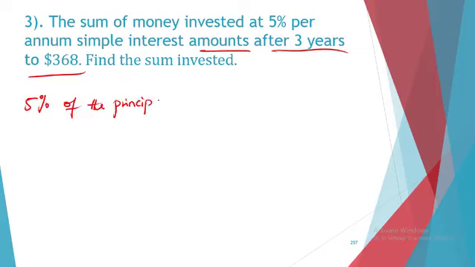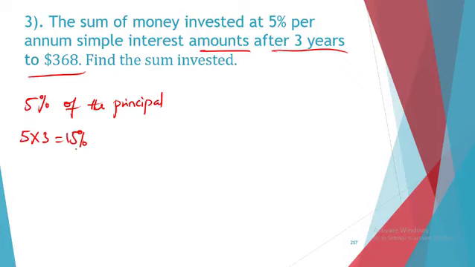5% of the principal. Now, in 3 years, it will not be 5%, it will be 5 times 3, which is equal to 15%. Because they said the sum of money is invested at 5% per annum simple interest and amounts after 3 years. So for 1 year, it is 5%, then for these 3 years, it will be 5% times the 3 years.